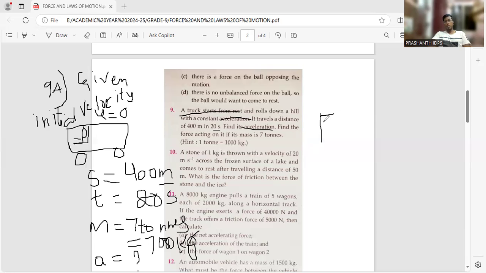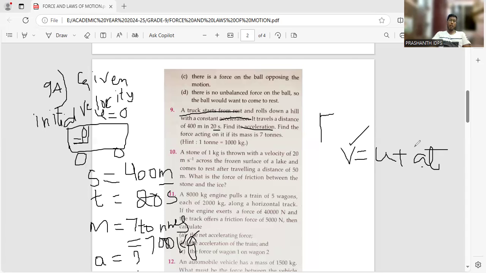So let us see the first equation of motion: v is equal to u plus at. We need to find the a value. If we take this formula, can we find the a value? We can, but we don't know v.